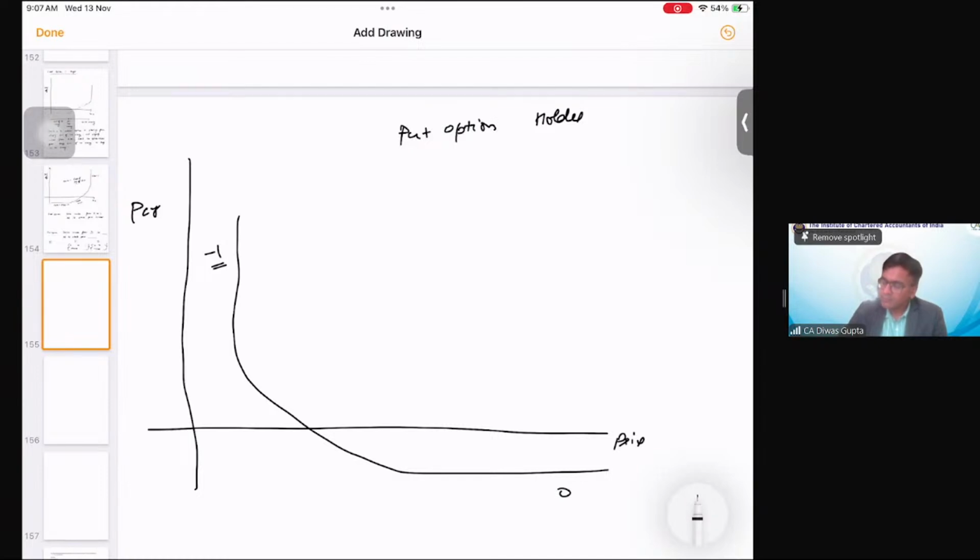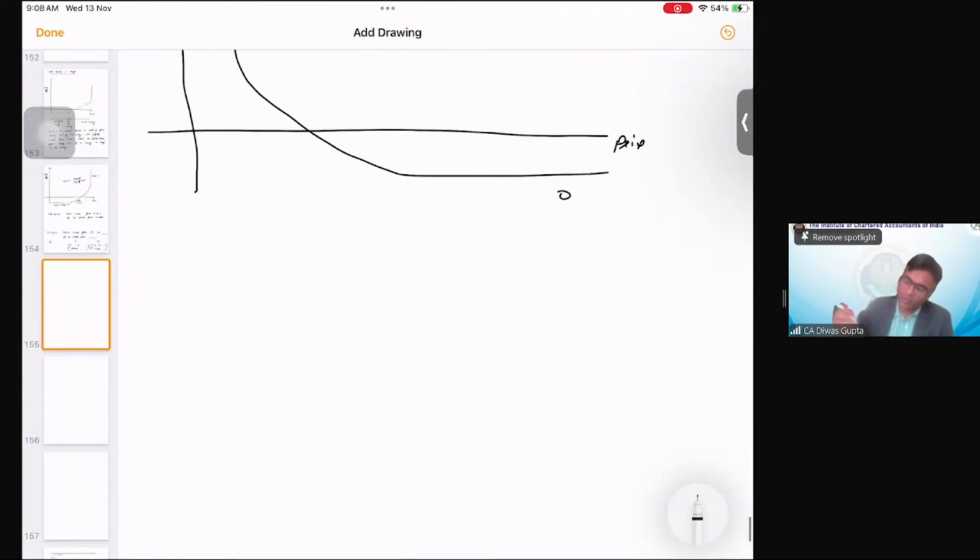Okay. So, can I say that for put option, out of the money, in the money, this is -1 and this is 0.